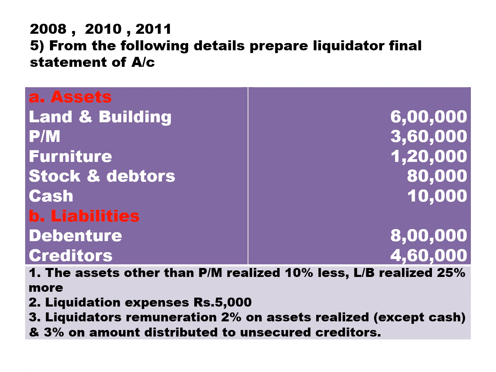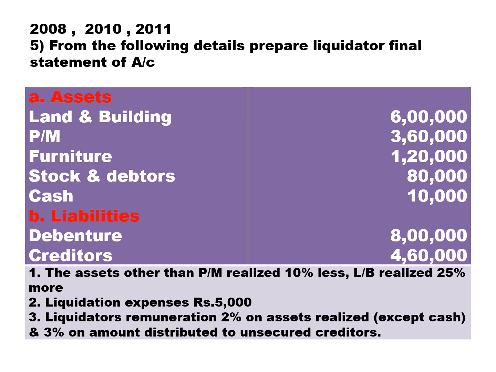The assets other than land and building realized 10% less, land and building realized 25% more. It means plant and machinery is sold at 90%.